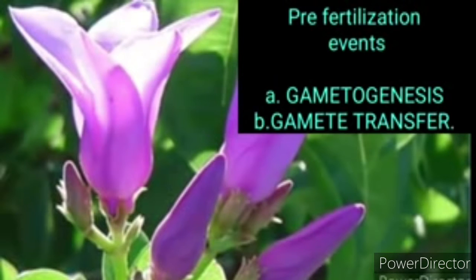Pre-fertilization events are gametogenesis and gamete transfer, formation of male and female reproductive structures in flowering plants. Pollen grains and pistil are the male and female reproductive structures. Gamete transfer is the pollination.